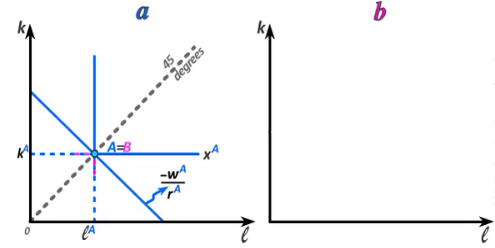Now suppose that the output price increases from its original level of PA. In the short run, the firm's capital is fixed, and so it can't really do anything to take advantage of the higher output price. Simply hiring more labor won't do anything if it can't also hire more capital, because the two are perfect complements.